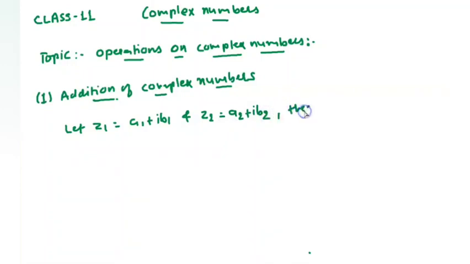Then the addition of these two complex numbers is given by Z1 plus Z2 is equal to A1 plus iB1 plus A2 plus iB2.